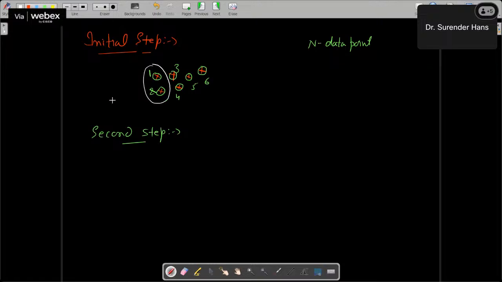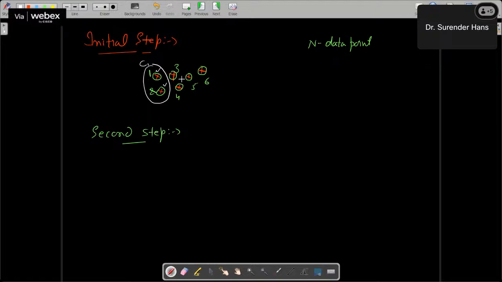So the algorithm will merge these two data points into one cluster, C1.